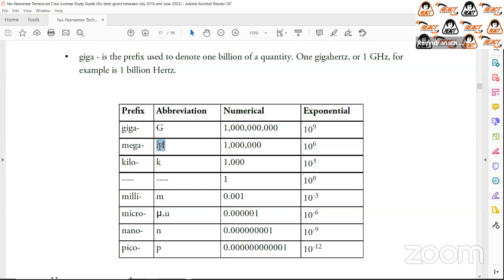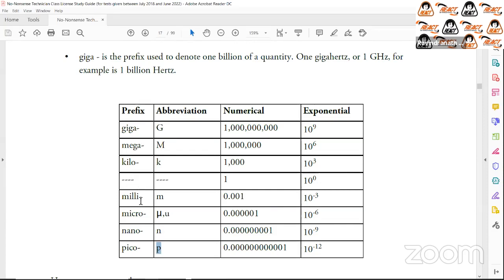When you use the bigger M or the uppercase M, it's a large figure. And the micro uses the symbol mu, or you can just type the letter U in place of it, but it's really the Greek letter mu. Nano is N and pico P. So these are the abbreviations for these prefixes.